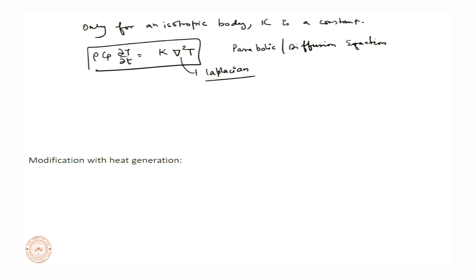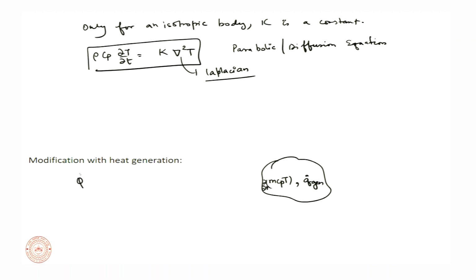We move on to the case in which we have a heat generation term. So, a modification with heat generation. What we are doing is that now this arbitrary volume has this m Cp T term, that is our internal energy change del by del t, but then you also have some heat generation. Okay.